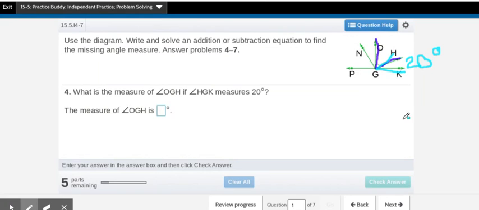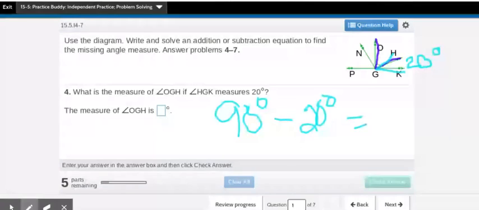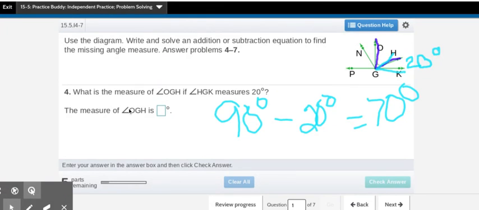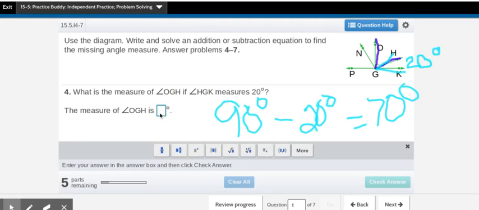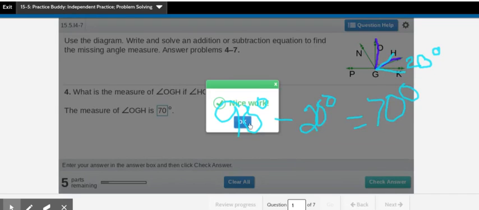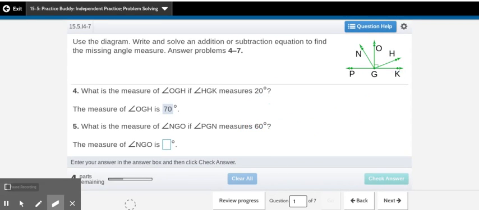So I will start by having my 90 degrees minus out my 20 degrees that I already know I have to get my final degrees of what I need, which I know 90 minus 20 equals 70. So let's make sure if I'm correct or not. We are correct.